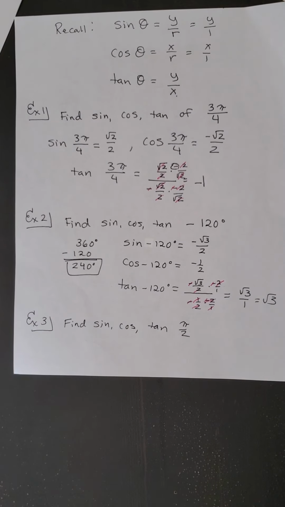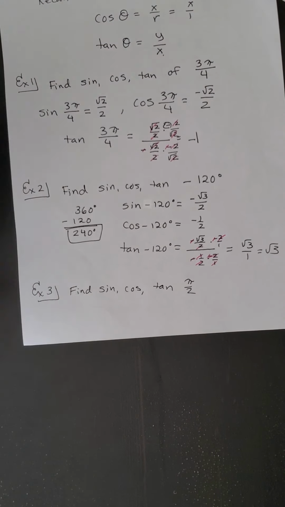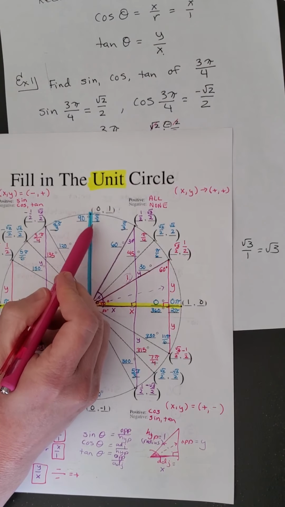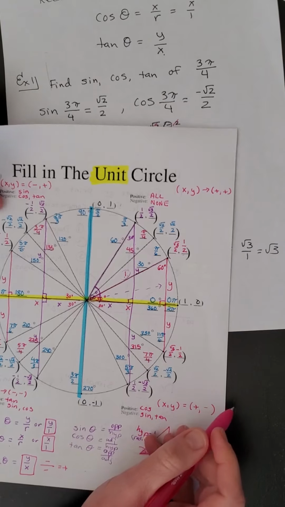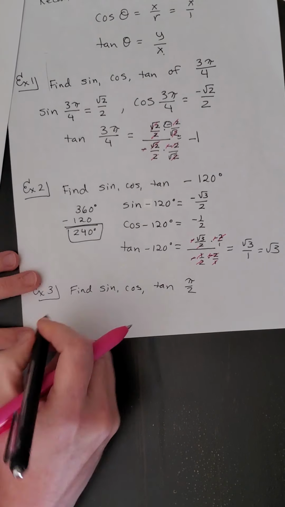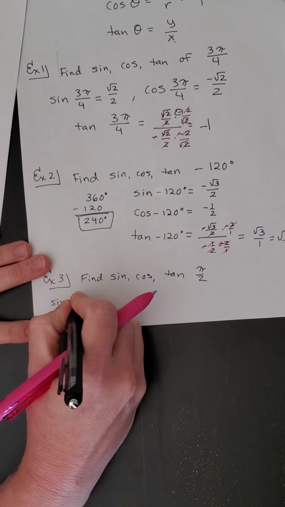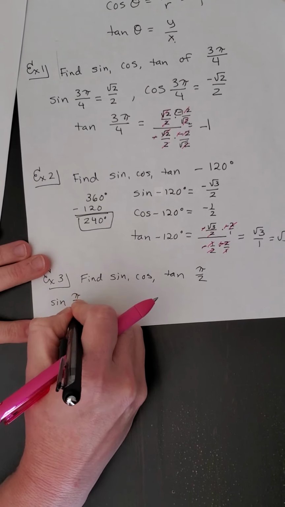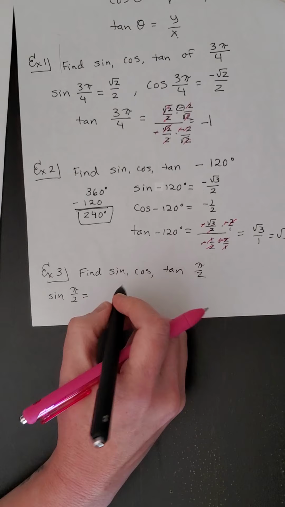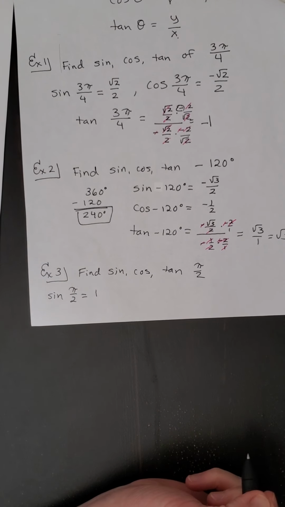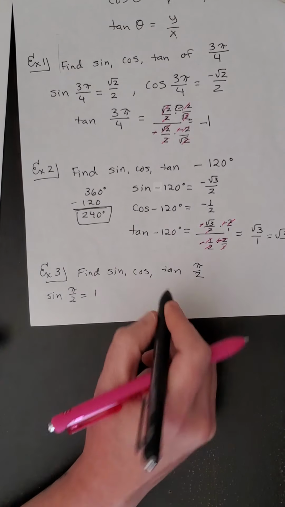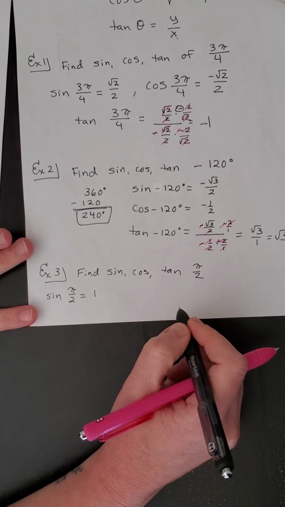Okay, so pi over 2 is right here on your unit circle. And so sine pi over 2, remember that's r. Sine is y over r, which is 1 over r, or 1 over 1. So sine pi over 2 is 1.